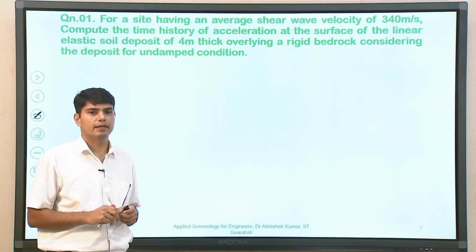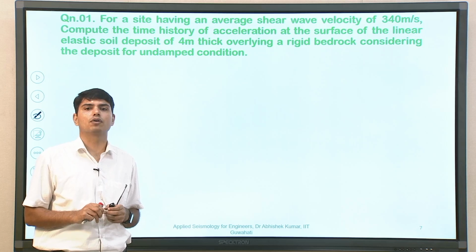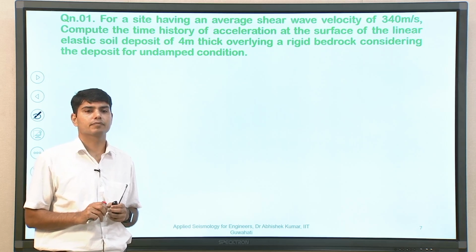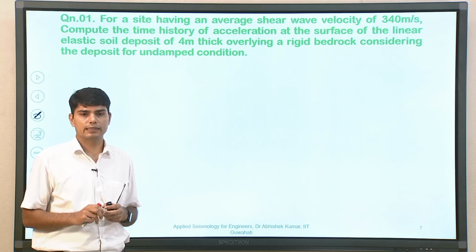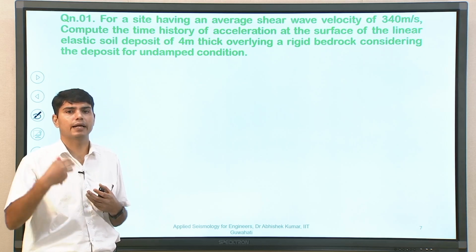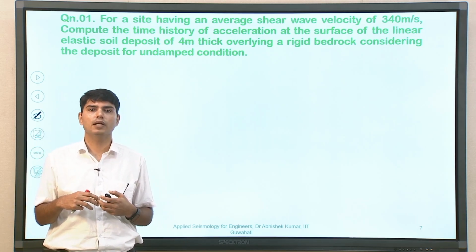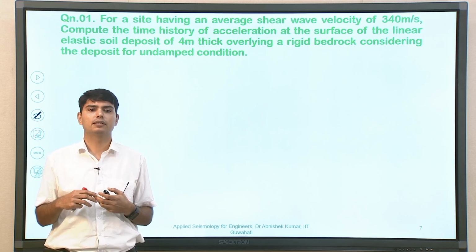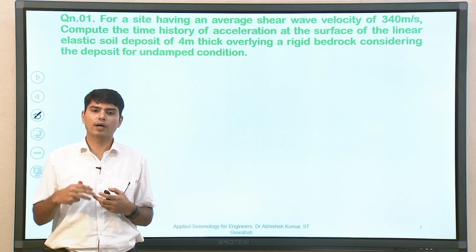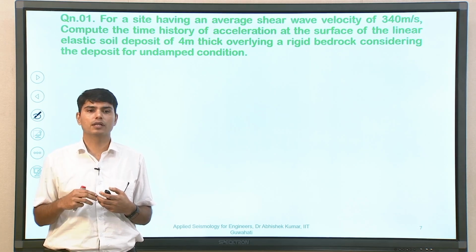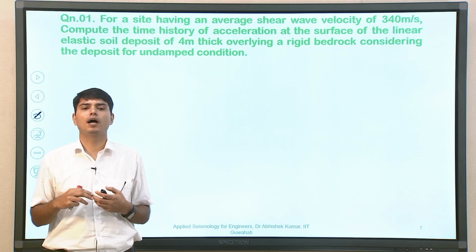For a site having average shear velocity of 340 meter per second, compute the acceleration time history at the surface of the soil layer having 4 meter thickness and overlying a rigid bedrock, considering the deposit to be in undamped condition.